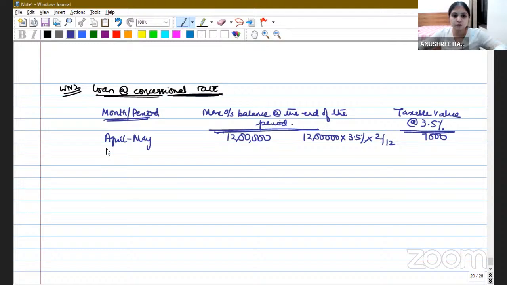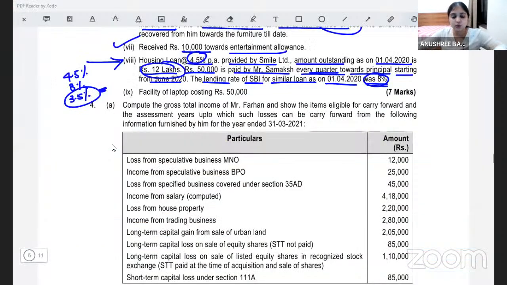Now in the month of June, he is going to repay 50,000. So he's going to pay 50,000 every quarter. Every quarter means he will pay in June, then he will pay in September, then he will pay in December, and then he will pay in March. So once he pays in June, he'll pay off 50,000.